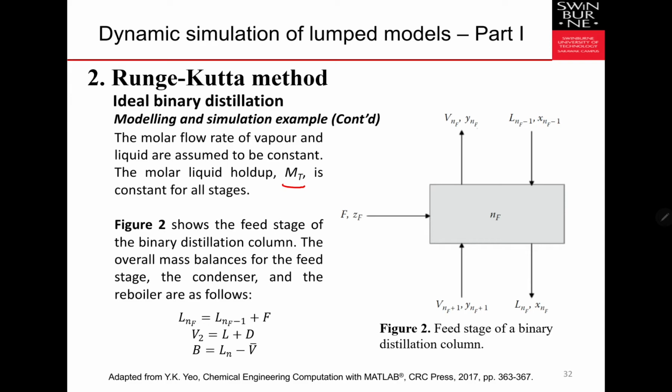This first expression comes from the mass balance of L plus L and F minus 1 is equal to L and F, if feed is present as liquid. And this one is also coming from slide 41 of week 3.